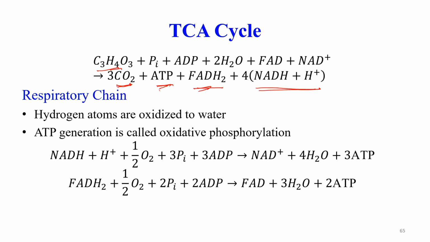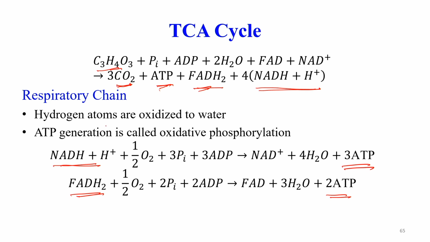We have already discussed in the case of oxidative phosphorylation, one FADH2 molecule gives rise to 2 ATP molecules and one NADH molecule gives rise to 3 ATP molecules.